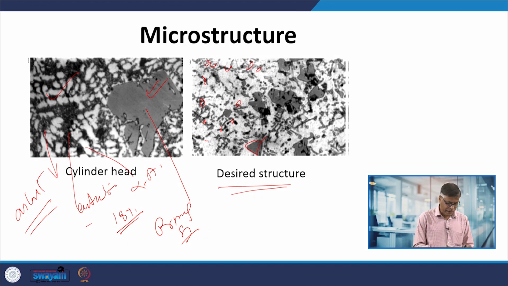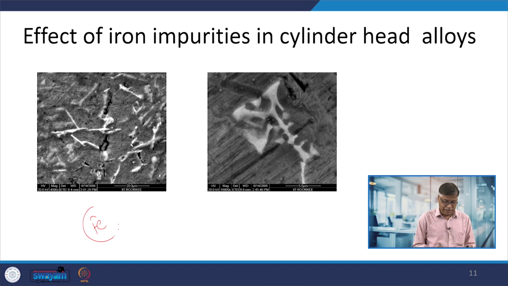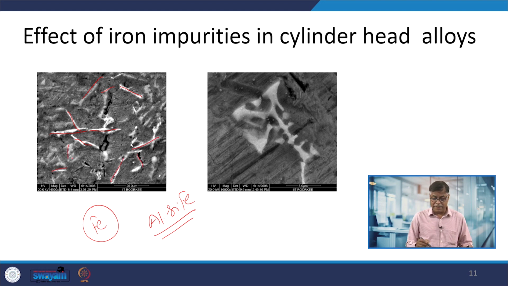Additionally, the microstructure study was also carried out to see how the higher percentage of iron is contributing, and it showed needles of iron-rich aluminum silicon iron intermetallic compounds. These are known to be very hard and brittle.